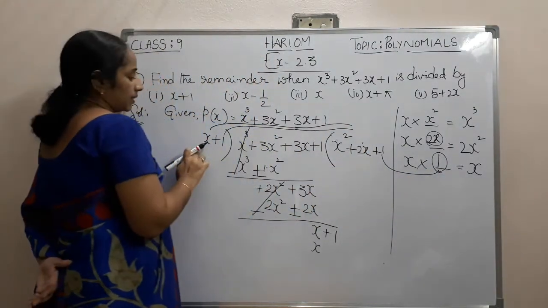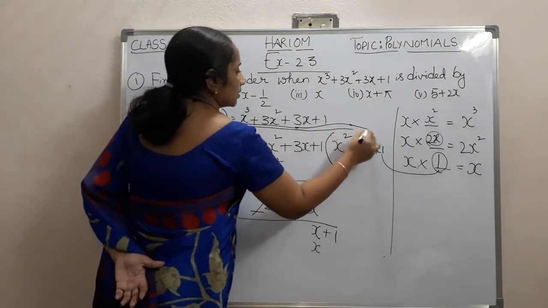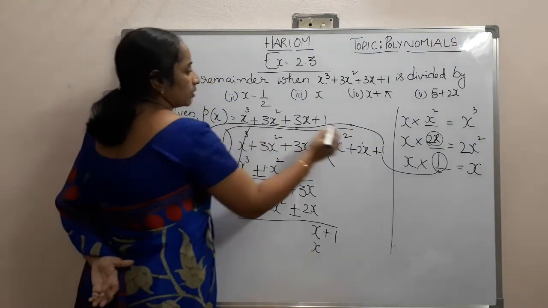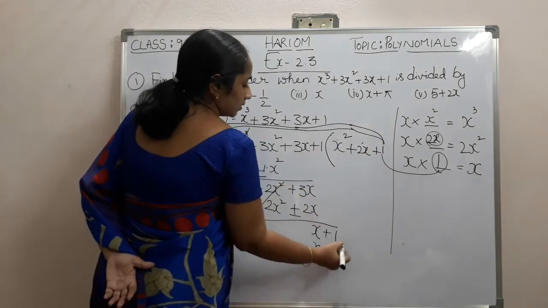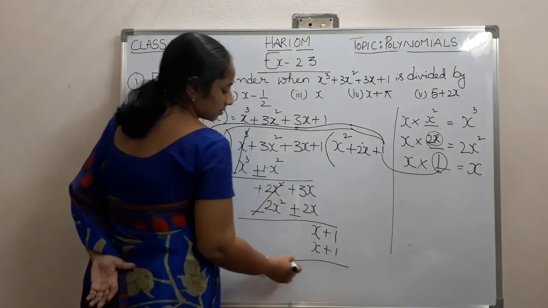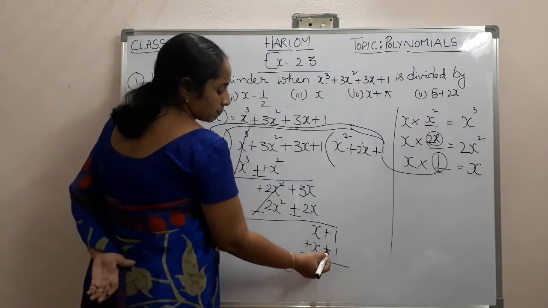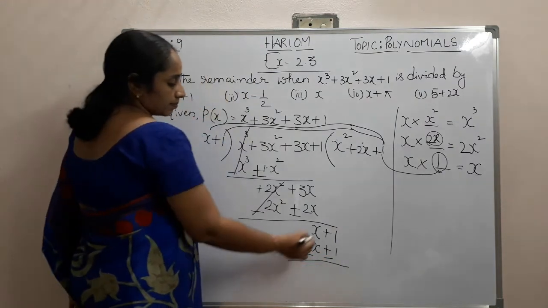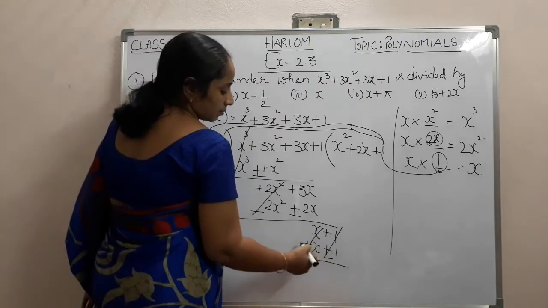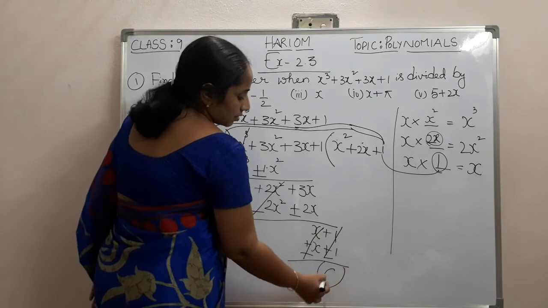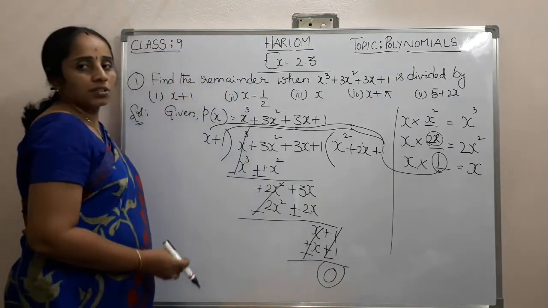Again multiply: x into 1 is x, and 1 into 1 is 1. Plus changed into minus. Plus x minus x gets cancelled, plus 1 minus 1 gets cancelled. So the remainder is 0.